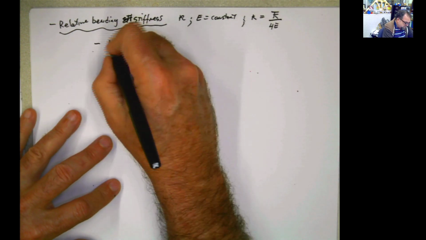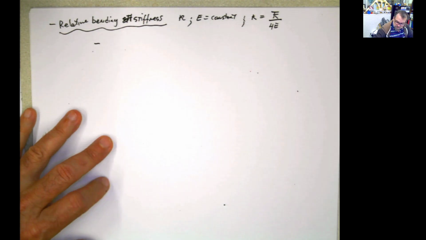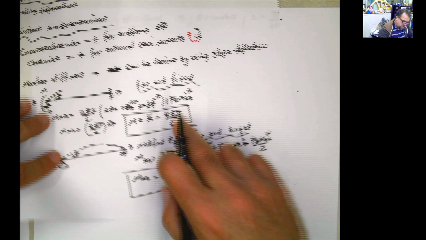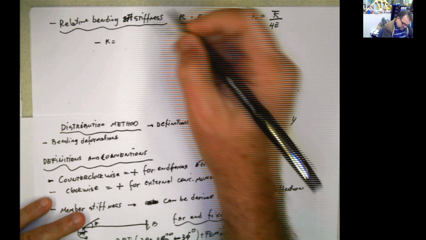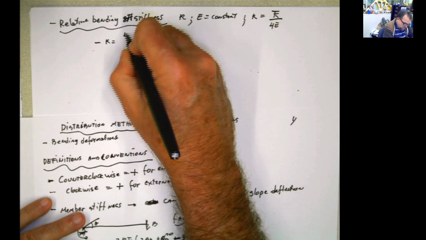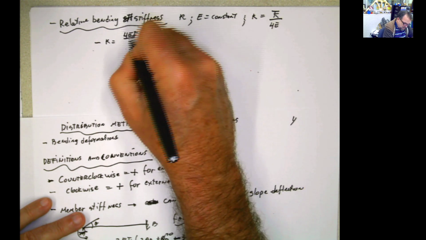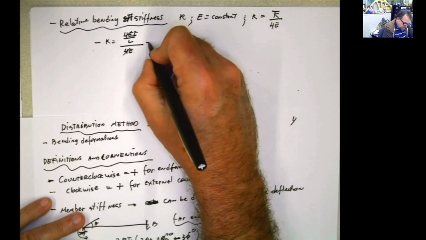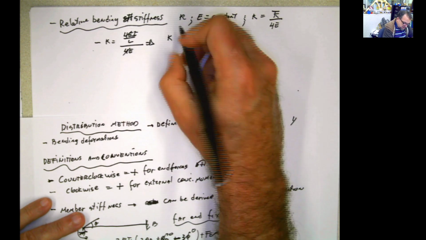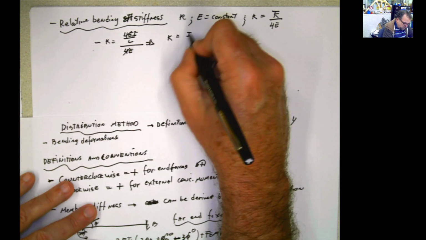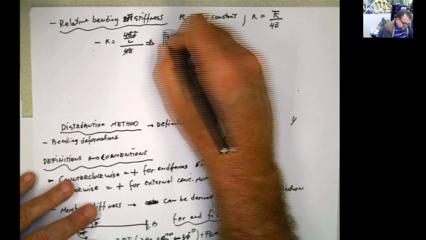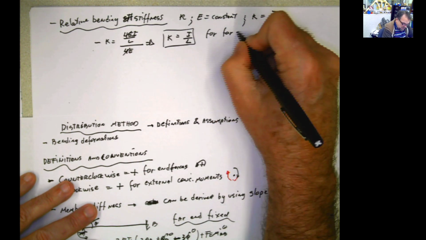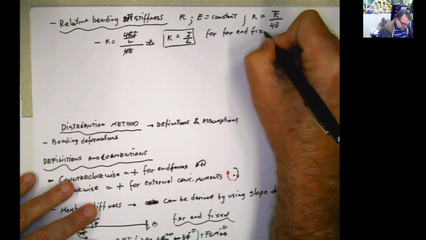In other words, for this case, if we divide that by 4E, then my small k is going to be equal to 4EI over L over 4E. The 4E terms cancel each other out, and this means that K is going to be equal to I over L for a far end fixed.